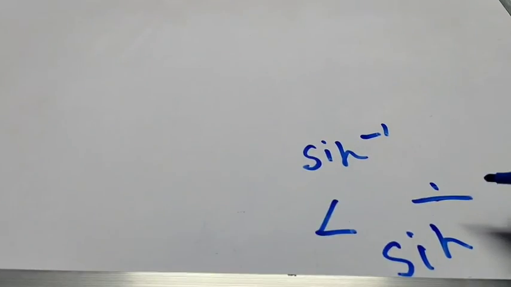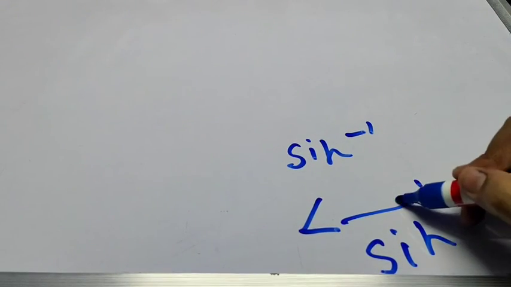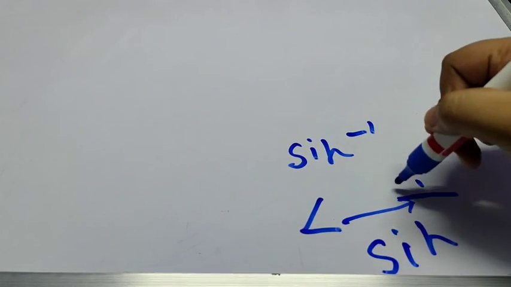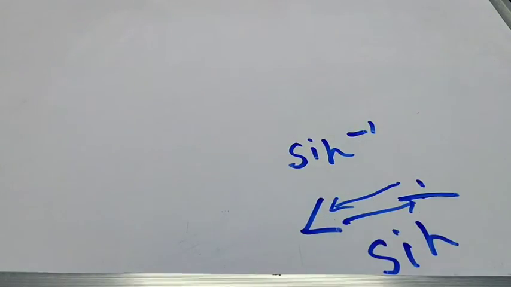And sine inverse is just the inverse of what we do in the questions. We know the angle and we need to calculate the distance. Now sine inverse is basically that we know the distance, and then we need to calculate the angle. So sine is angle to distance and sine inverse is distance to angle.